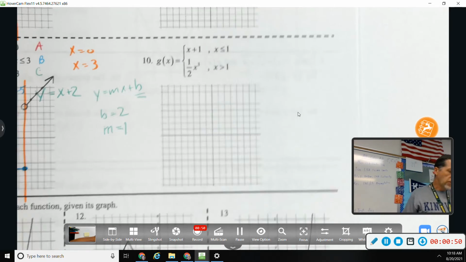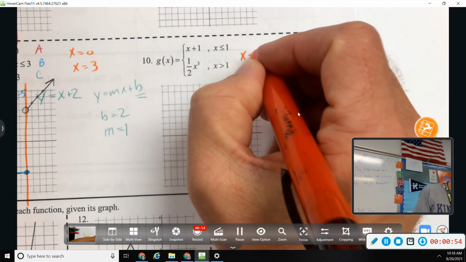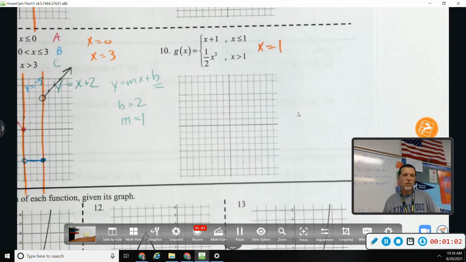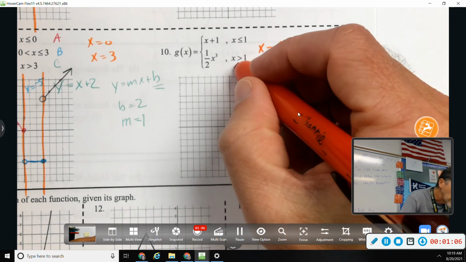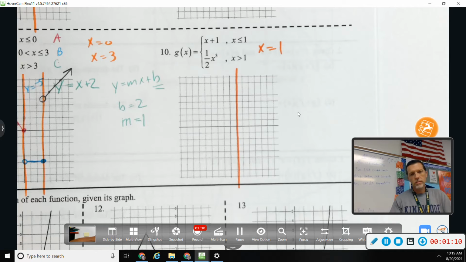Alright, so the first thing we want to do on number 10 is notice that something's going on at x equals 1. That's the boundary, that's the wall. That's what separates the two sides from each other. So I like to draw the boundary line first.